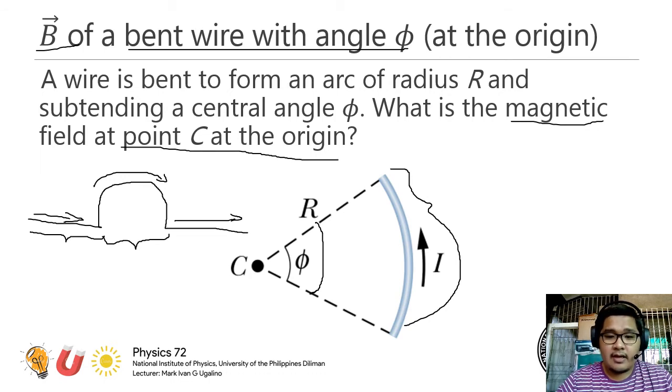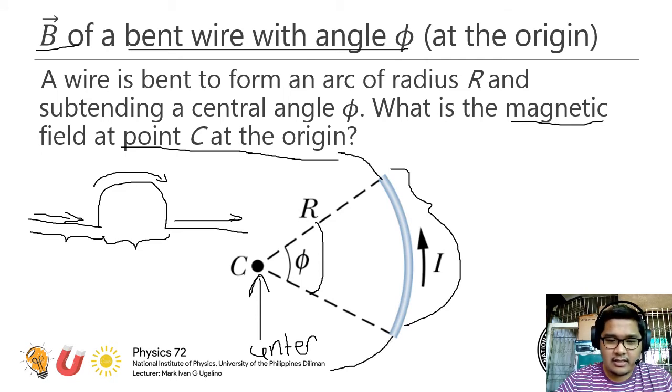In this illustration, we are looking at C as some center of curvature. Therefore, if we extend this and close it with the same radius r, we will form a circle, and the center of that circle is still C. So that's what we mean by the center of curvature.